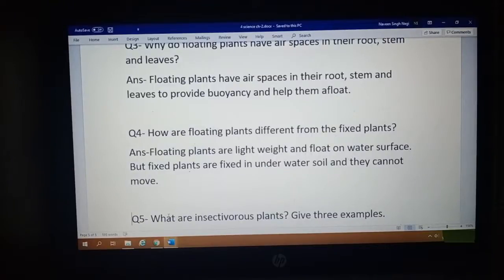Its answer is, floating plants are light in weight and they float on water surfaces, but fixed plants are fixed in underwater soil and they cannot move. So these are the two differences between these two kinds of plants.